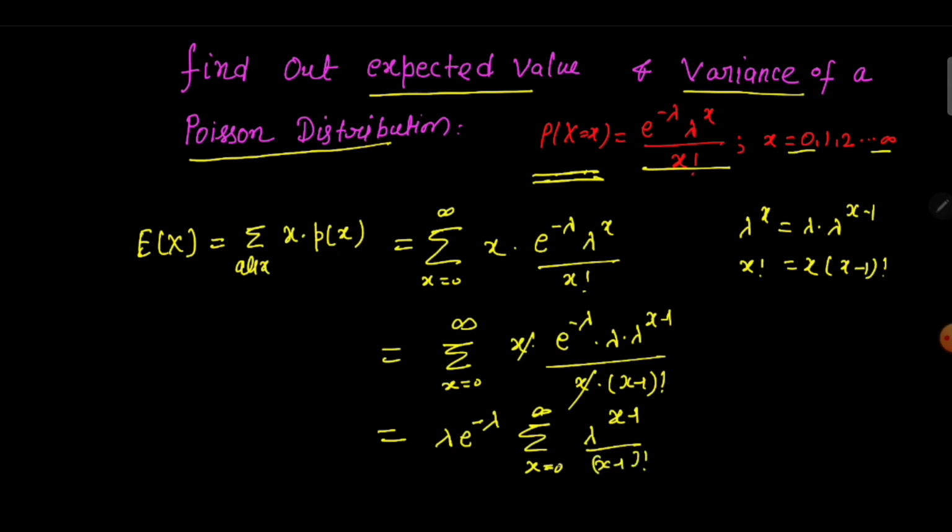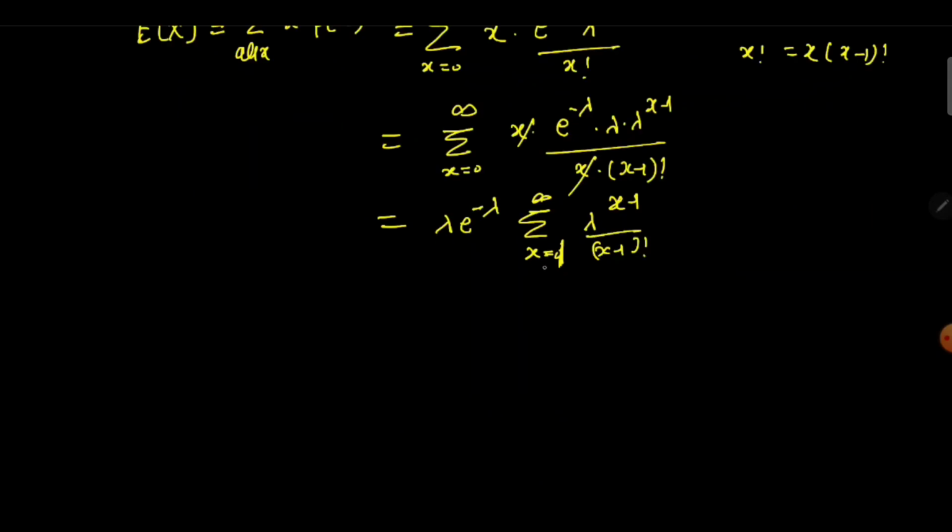Here the value of x cannot be 0, so the sum will be from 1 to infinity. Now inside the bracket, if we put x equal to 1, we get lambda to the power 1 minus 1, so lambda to the power 0, which is 1, and in the denominator 0 factorial, which also yields 1.